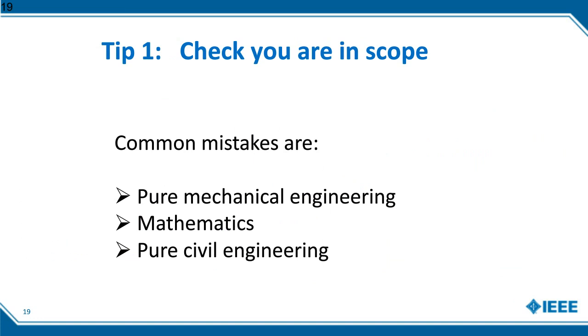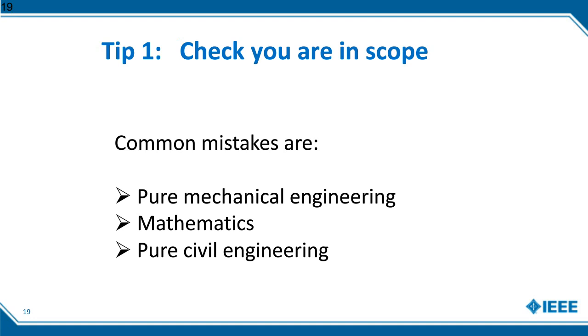So that's enough about IEEE Access. Now some tips on how to get published in IEEE Access and how to have a good author experience. So first of all, check you're in scope. As I said, it's got a very broad scope anyway, so long as you're under the IEEE umbrella of topics, you should be okay.